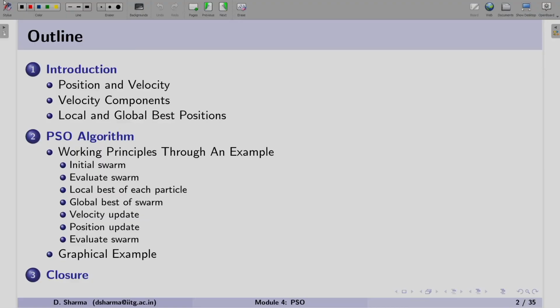We will discuss them and we will run for one generation. We will perform all the hand calculations for this algorithm. At the end, we will show you the graphical example of the same Rosenbrock problem, and finally, we will conclude this session.